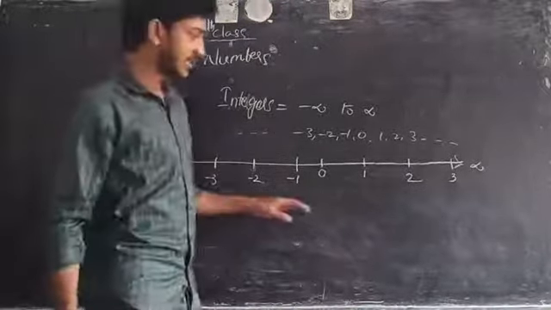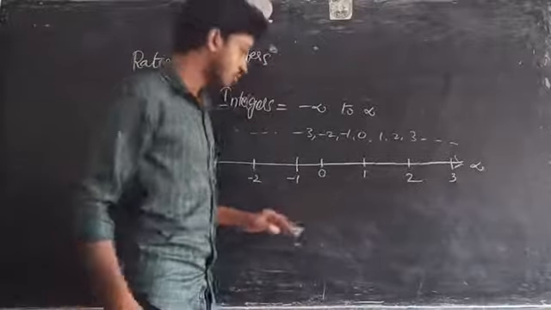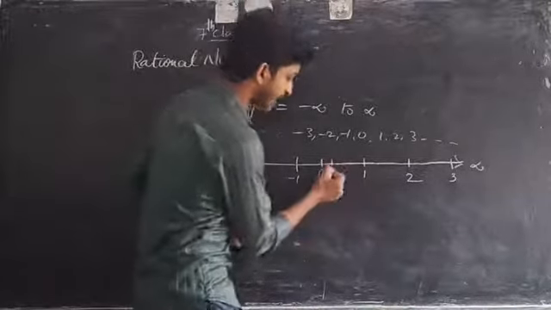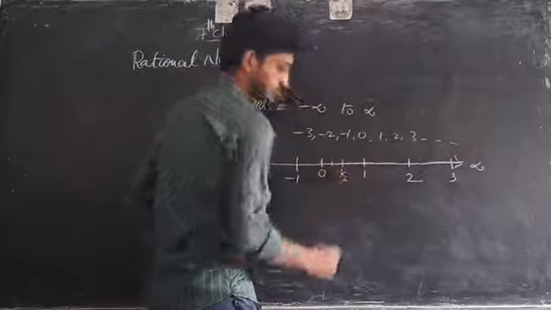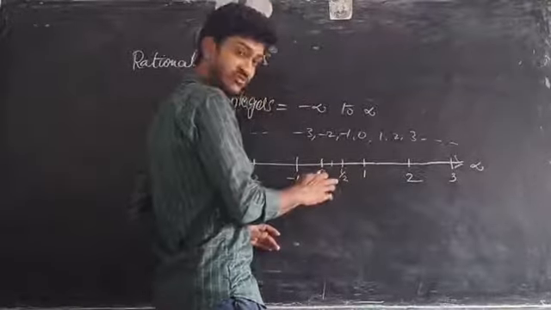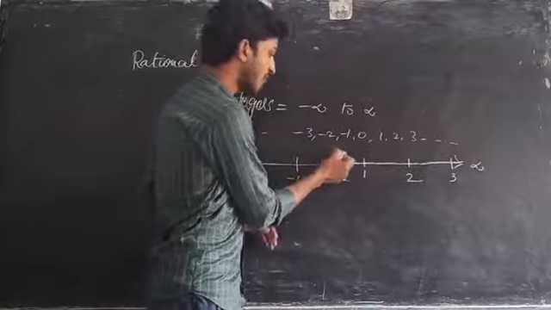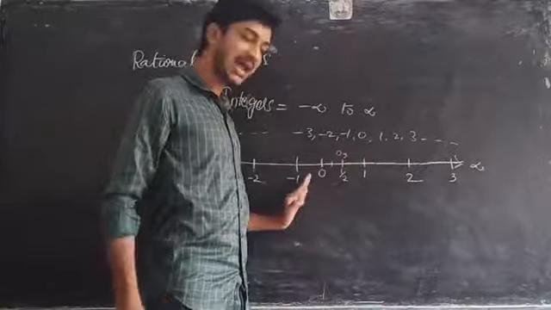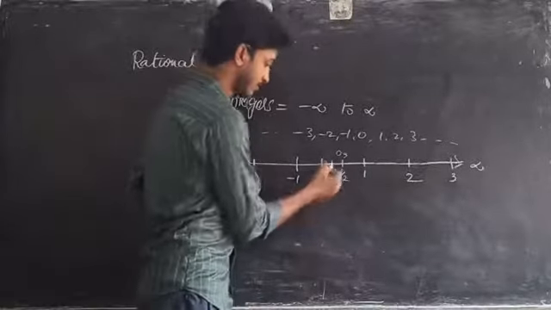Children, see here, in between 0 and 1 we have some numbers. So I am writing fraction numbers in between 0 and 1. This is 1 by 2. 1 by 2 means 0.5, which is less than 1 and greater than 0. It is in between 0 and 1.